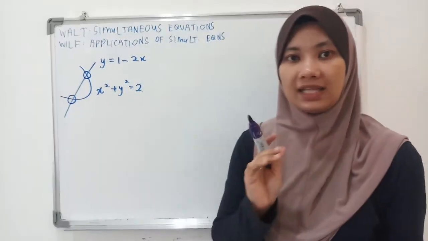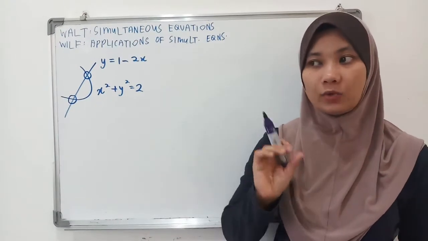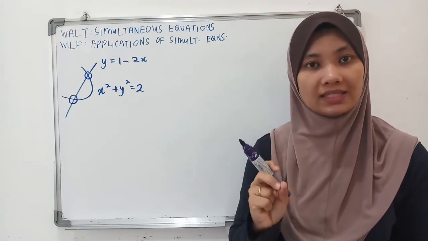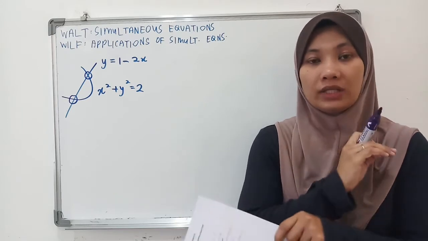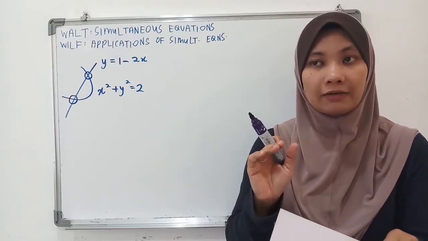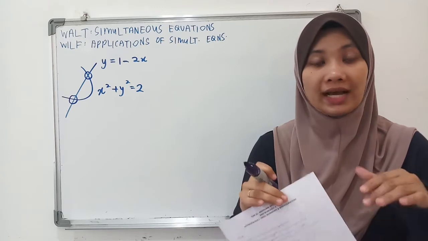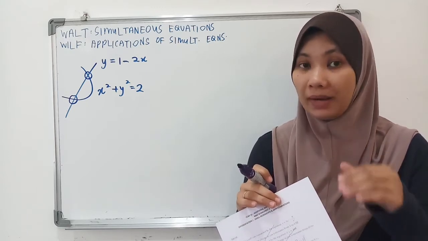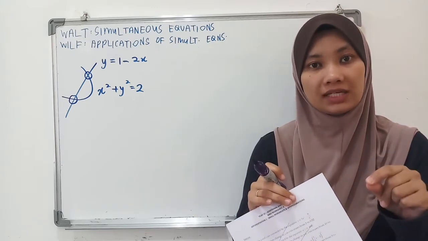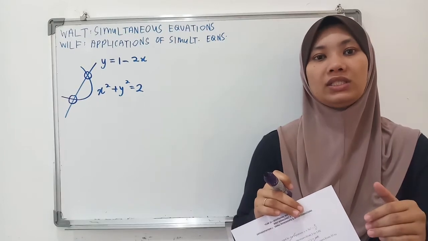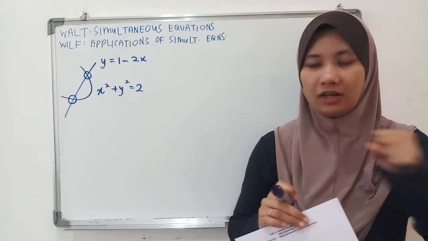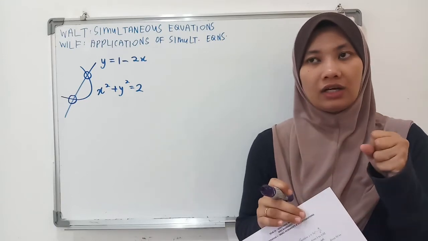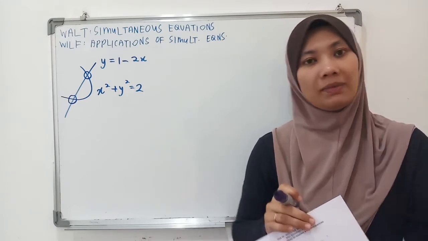This is an important tip that you need to know. Whenever the question asks for the point of intersection, you need to use simultaneous equation. You will not be given the method, and they won't ask you to use simultaneous equation, but in order to find the point of intersection, you need to use it. How do we know this? If you do a lot of example questions, you will be familiar with the steps.